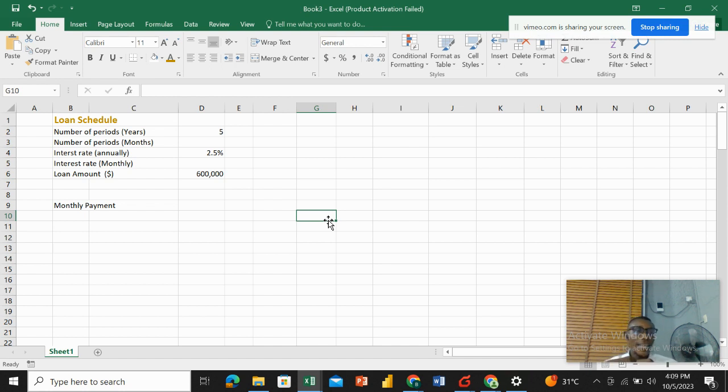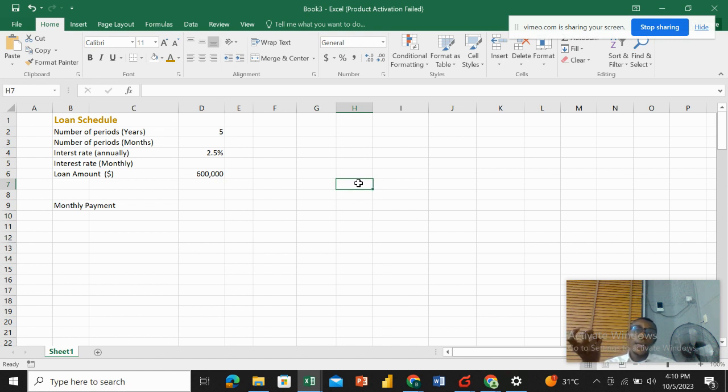So now let us assume that you need a loan and you went to probably a bank. The loan amount you want to work with is 600,000.